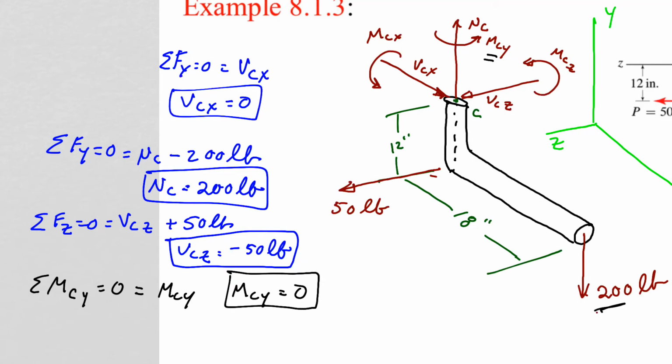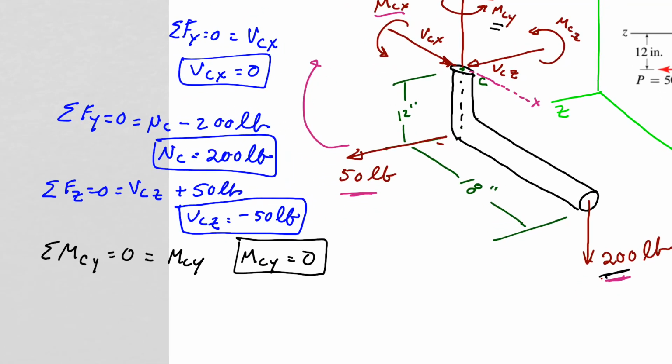Next, I'm going to look at my moment around the x-axis. Again, this 200-pound force does not cause a moment around the x-axis itself. But my 50-pound force does cause a moment around that x-axis, right? It wants to bring it up around this x-axis at point C. So if I sum moments at C in the x direction, should equal 0.